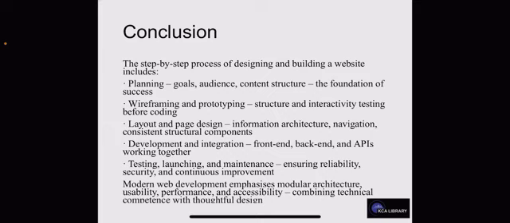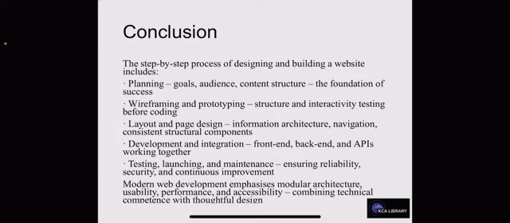In conclusion, the step-by-step process of designing and building a website includes the following, just like we have been able to achieve in the discussion of this module. It's planning, where we have goals, audience, and content structure, which is the foundation of success. We also looked at wireframing and prototyping, which is structure and interactivity testing before coding.